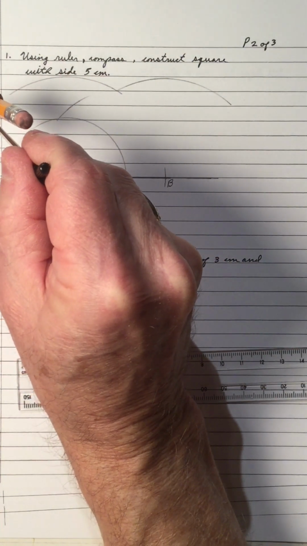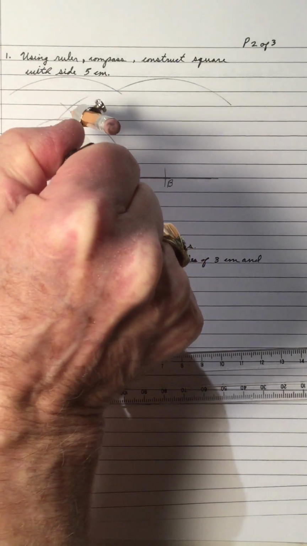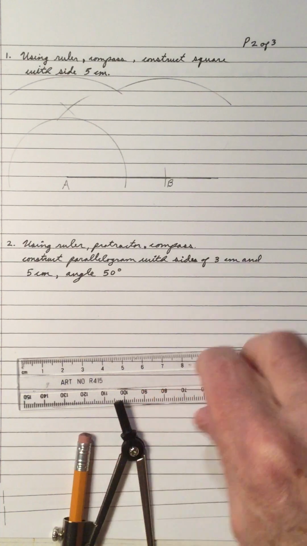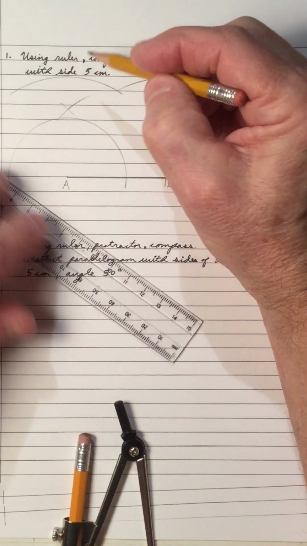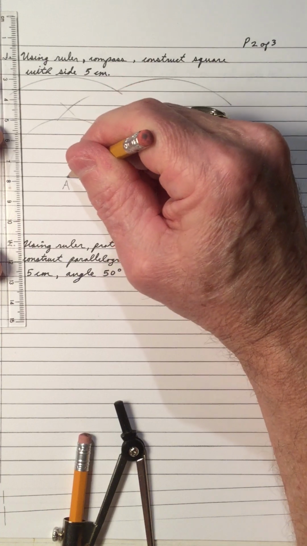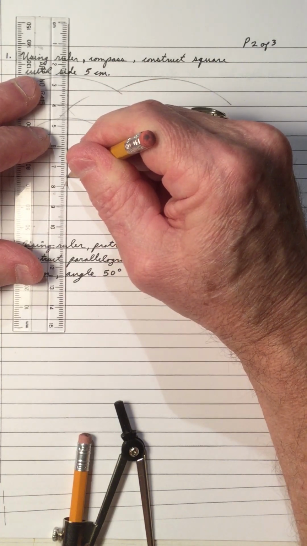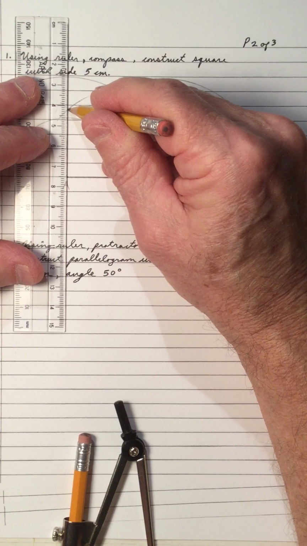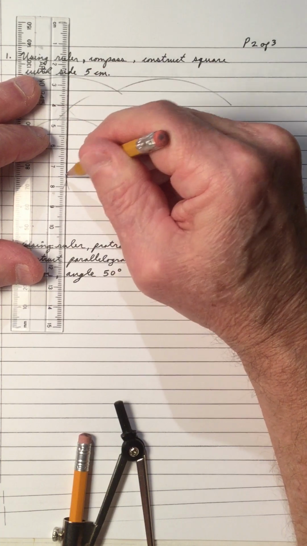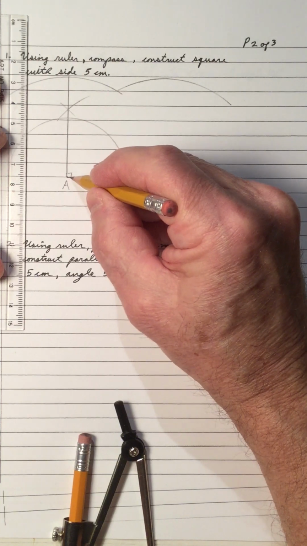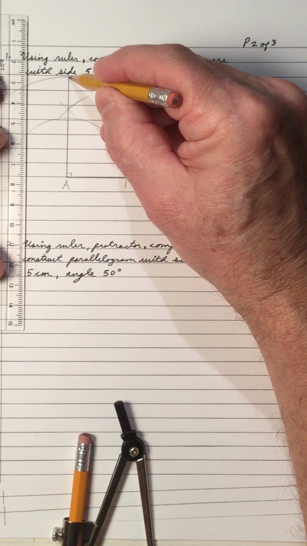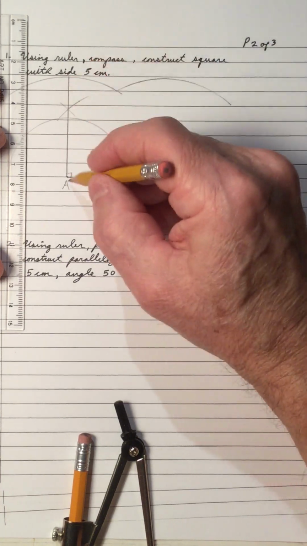Place the compass at this point and make another arc. So that's a perpendicular to a point on the line. So if I join where these two arcs intersect and go through A, I've created a right angle here, and because this arc is 5 centimeters away, this is 5 from here to here.